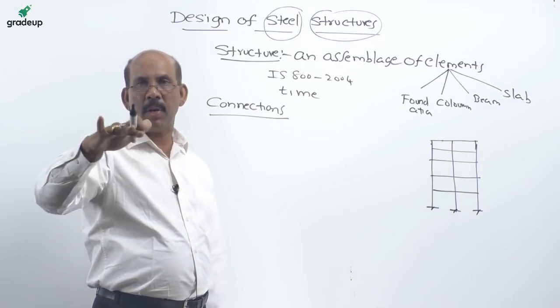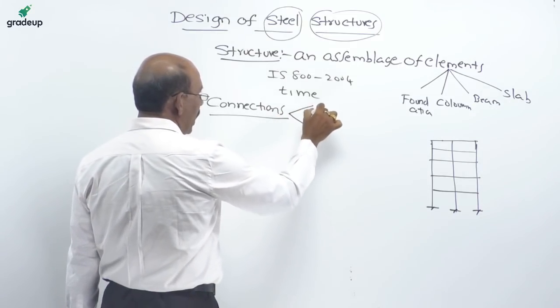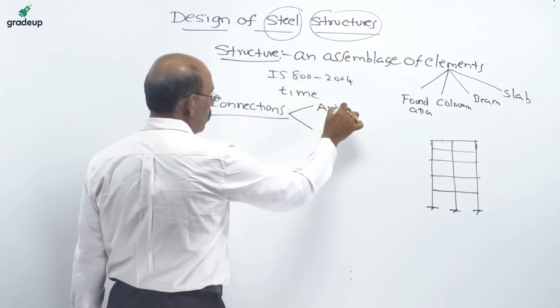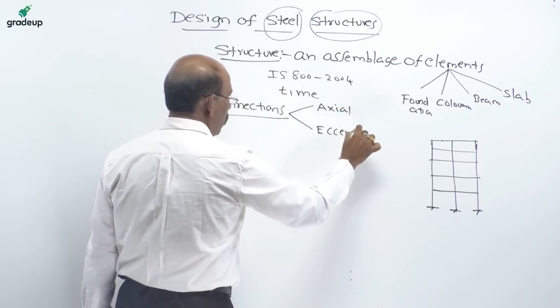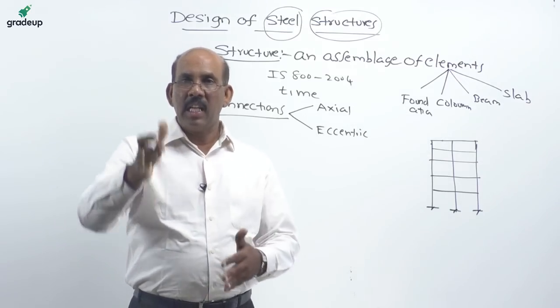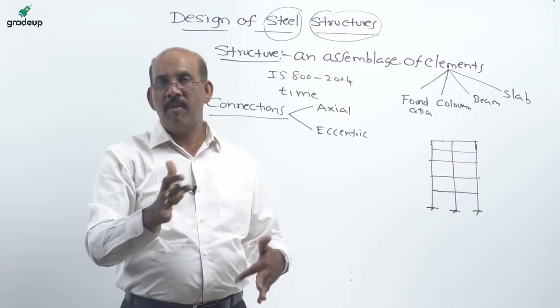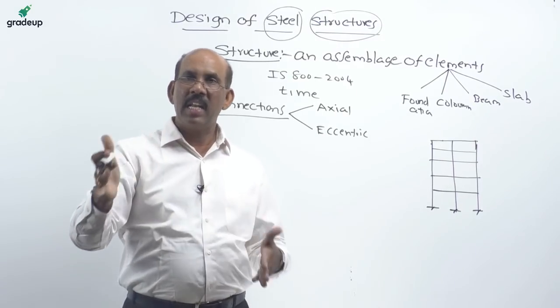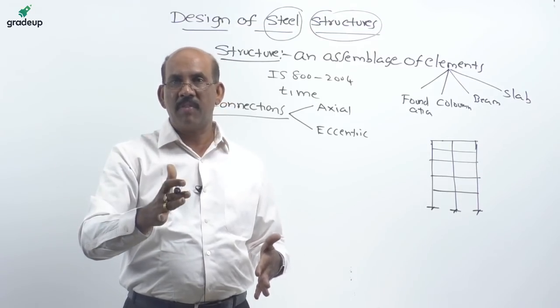Like this we have n number of connections, and these connections are mainly of two kinds: one is axial, one is eccentric. In an axial connection, the load passes through the center of gravity, which lies in the plane of the weld or riveting, whereas in an eccentric connection the load is not passing through the center of gravity.